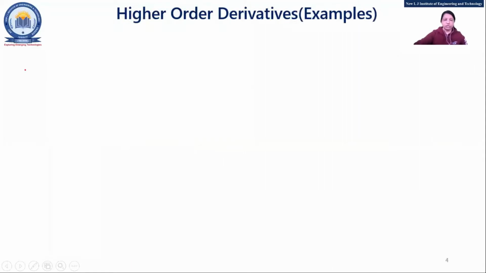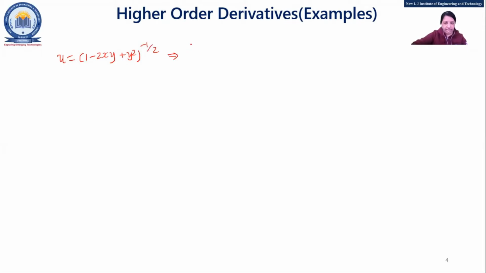Just write down, u equal to 1 minus 2xy plus y square raised to minus 1 by 2. And what you have to prove?